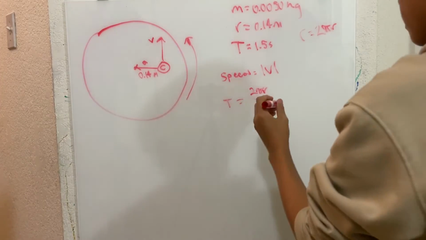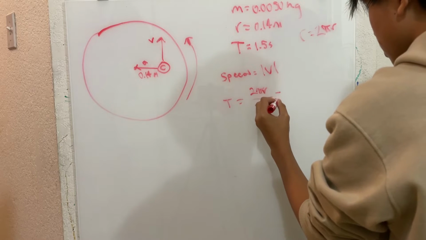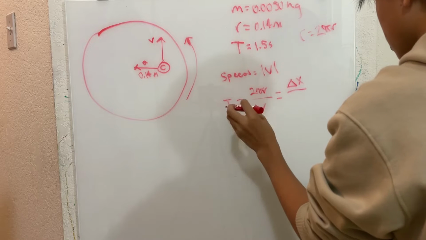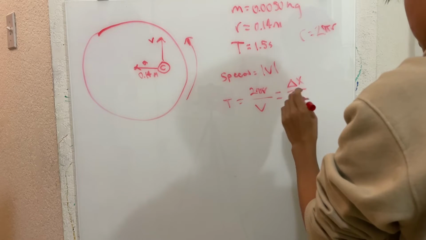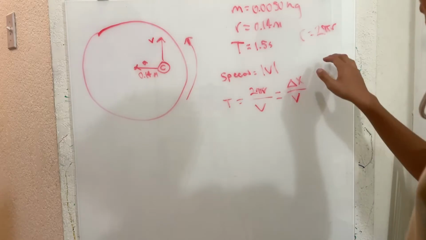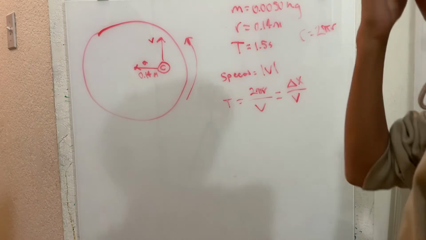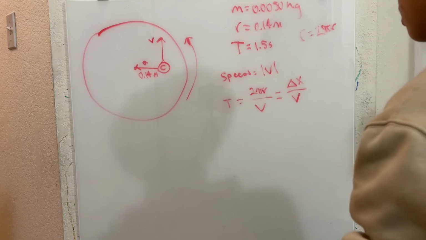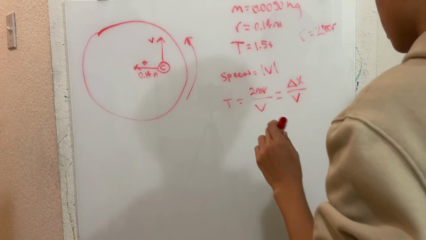I'm going to just rewrite this with different variables. So we have delta x equals t times v, or t equals delta x over v. So we have delta x, how far it's traveling, and v, which is velocity.